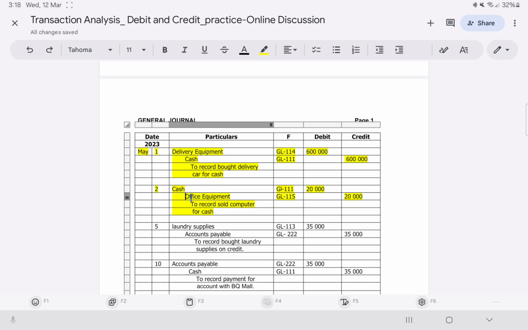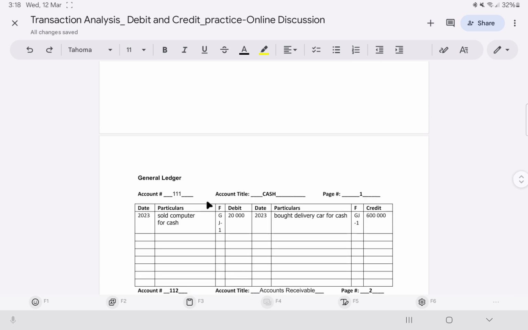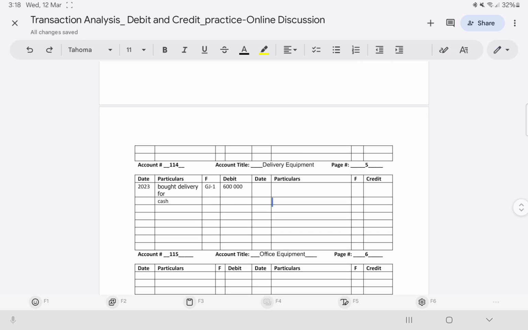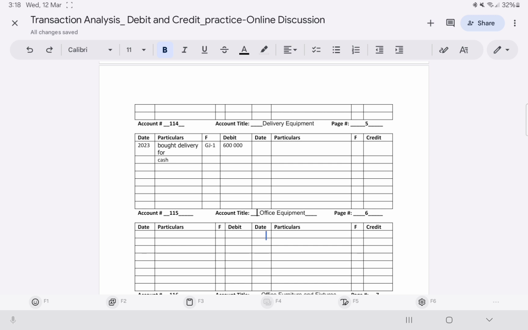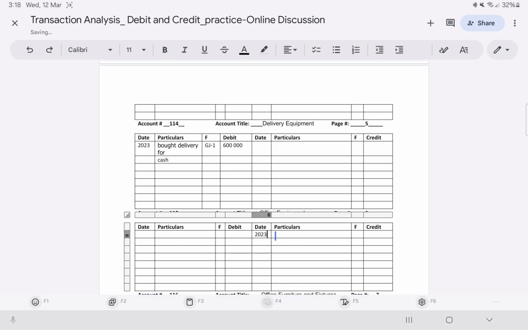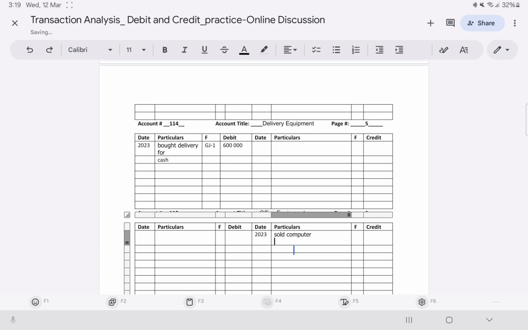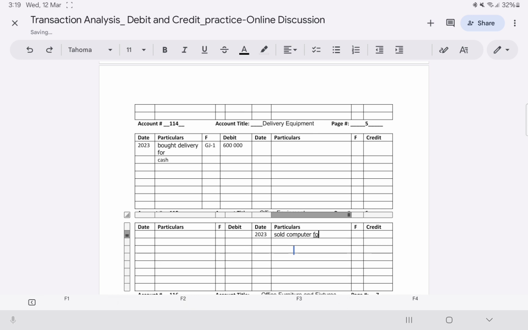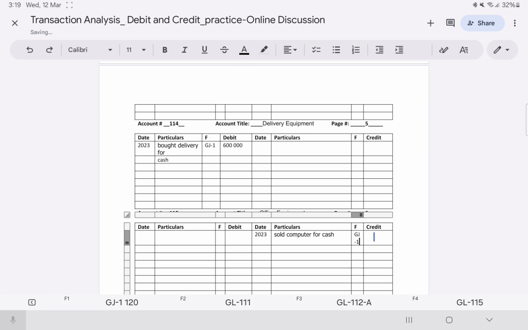Find the office equipment of 20,000 into your credit. Write the year first. Sold computer for cash, JG page 1, and 20,000 is the amount.